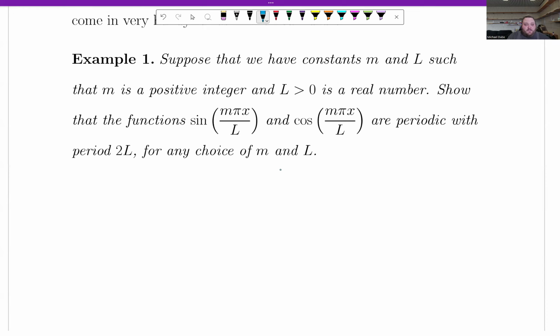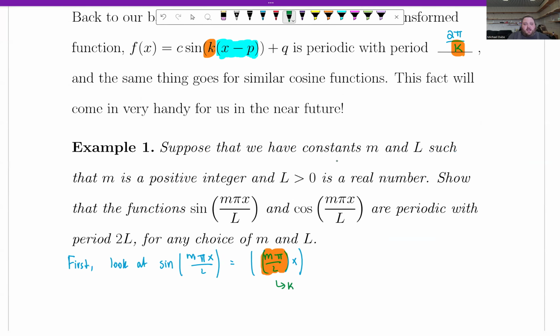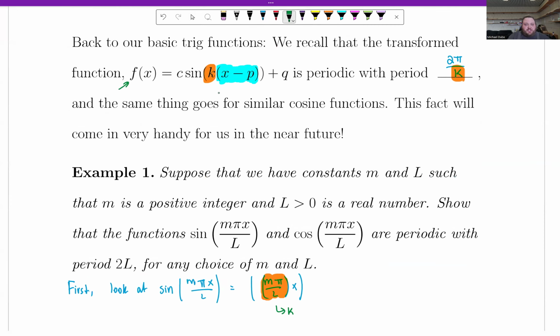Okay? Well, let's look at sine first. And let's just rearrange what's inside here to look like this. Okay, and so therefore, this quantity right here, m pi over l, would be our k value from our transform function up here, right?